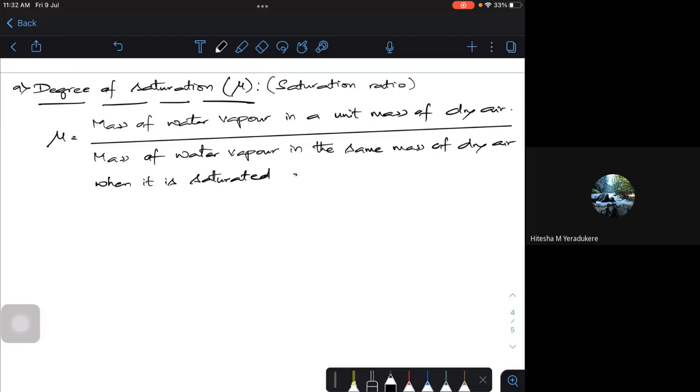The temperature is your dry bulb temperature, the same temperature. So this is your definition.